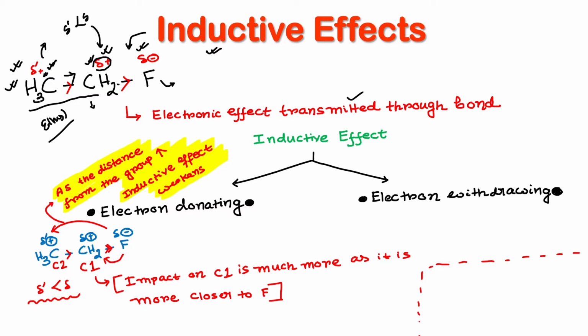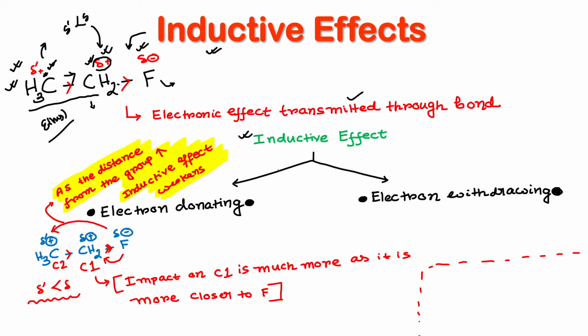Okay, so this inductive effect can be of two types. Here I have shown you the example of the electron withdrawing inductive effect, where the fluorine atom is strongly electron withdrawing in nature, and it will try to withdraw more electron density towards itself. So it will induce some partial positive charge on its neighboring atom.